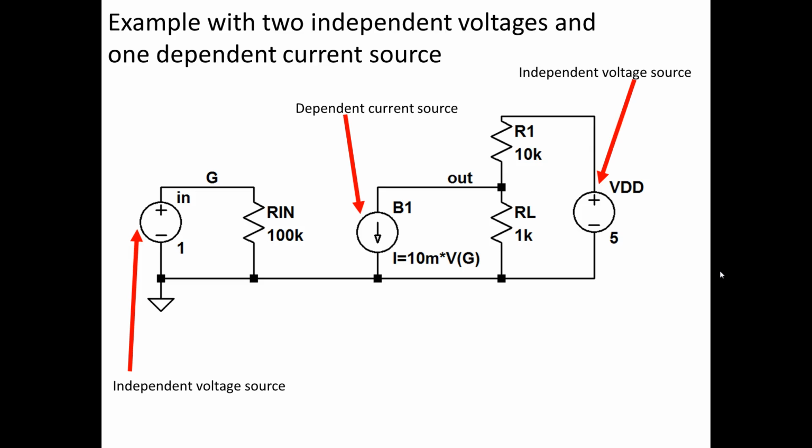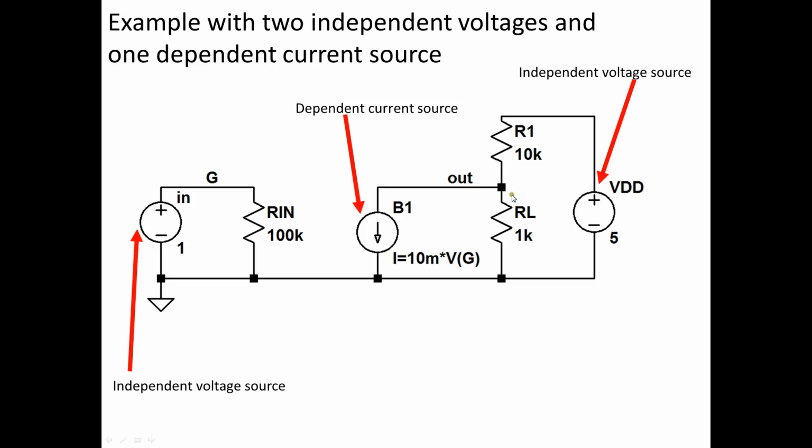Now let's do a more complex example, and I'm assuming you've done the examples in the book to lead you up to this. And this is a practical example, and it's an abstraction of a transistor circuit where I have a power supply, 5 volts. So this node here is at 5 volts, and it's going through a resistor.